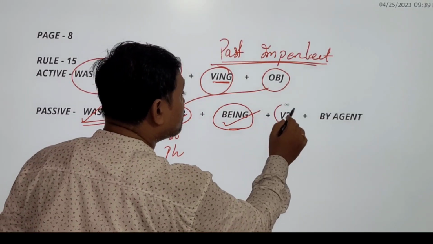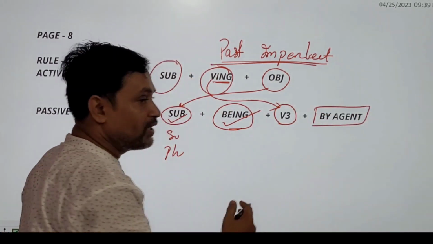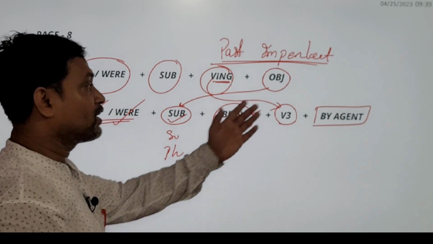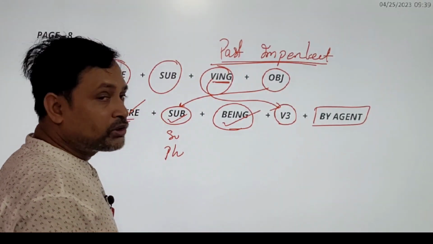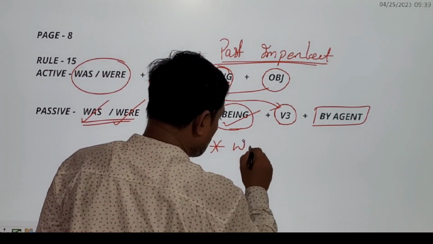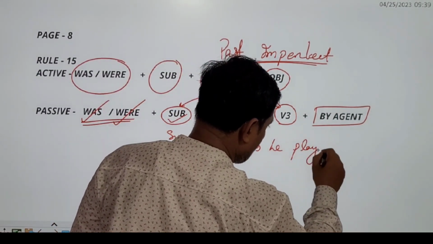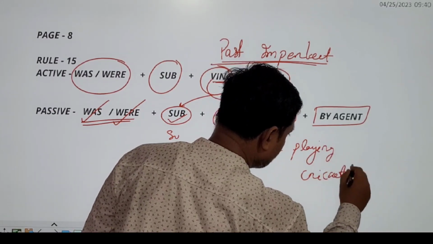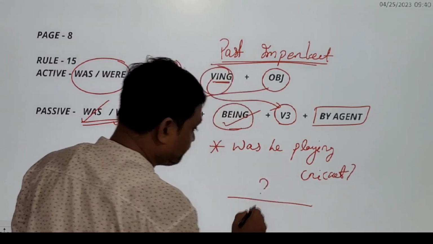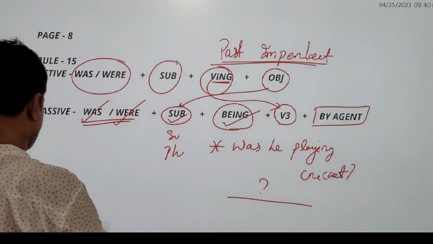Then the past participle form of the verb, then by agent if necessary, जदि आवश्यक पड़ी ताले by agent दबा. Clear? So here is a question: Was he playing cricket? Try to answer. Let's move to rule number 16.